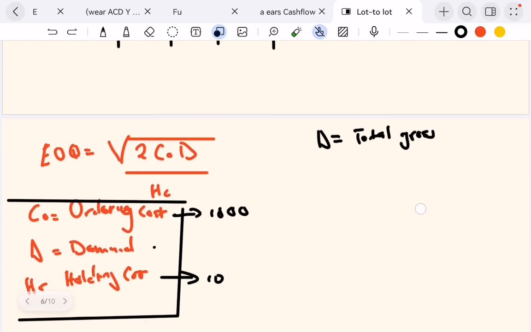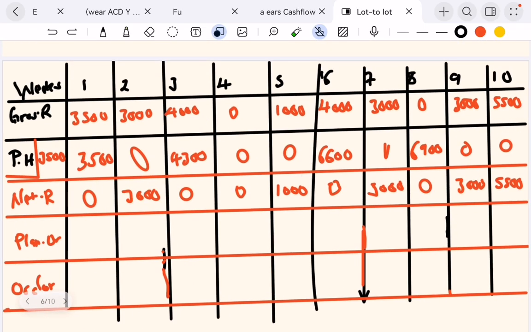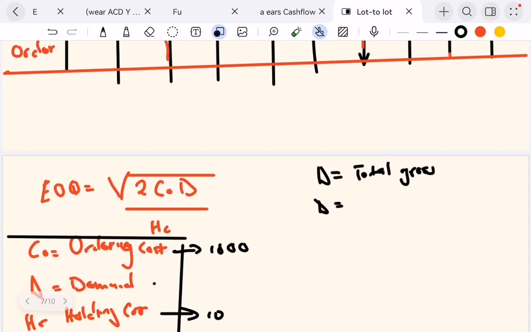So demand will be equal to, if you get your calculator there, if we add these numbers, I add these numbers on my phone to see what I will get. 27,000. So that's 27,000.